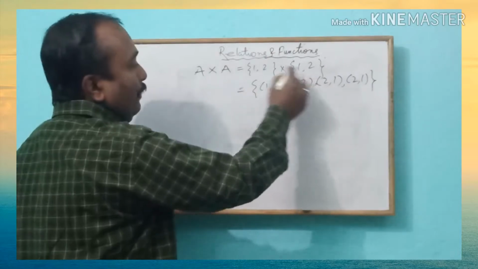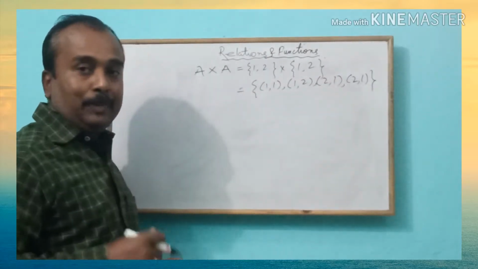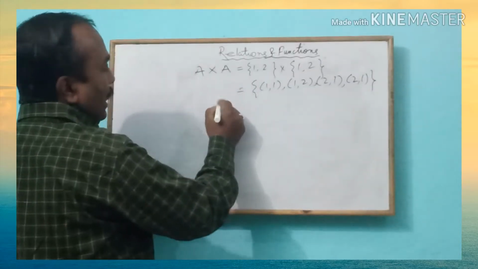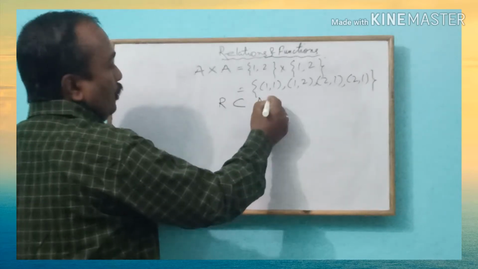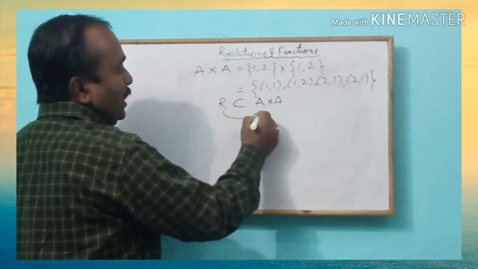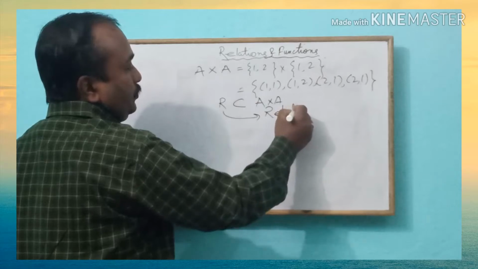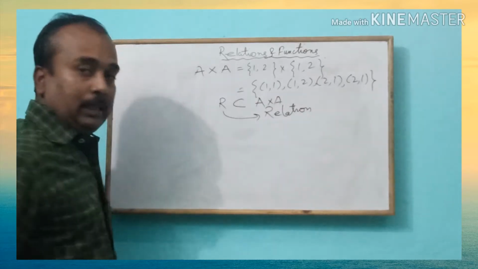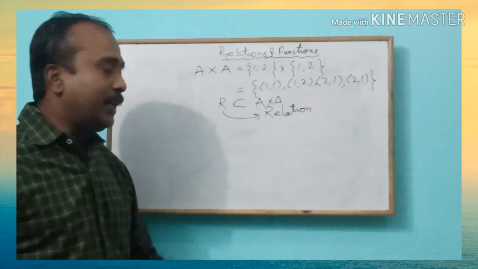Now, if I take a subset of this set of ordered pairs, that becomes a relation. If R is a subset of the set of ordered pairs, then this becomes a relation. I think you are recalling what you have studied.